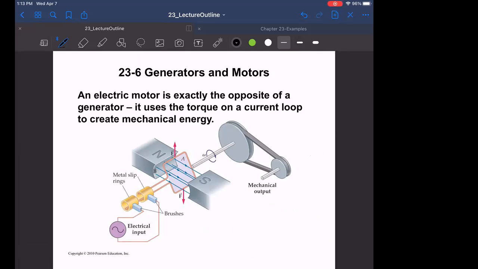Here we have an electric motor, where in this case you run it in reverse. Instead of having it output electricity because you mechanically spun it, you input electricity, which causes current to run through the wire, which creates a torque, which causes it to spin, which you can then use to output mechanical energy.